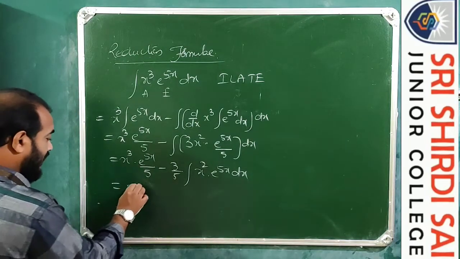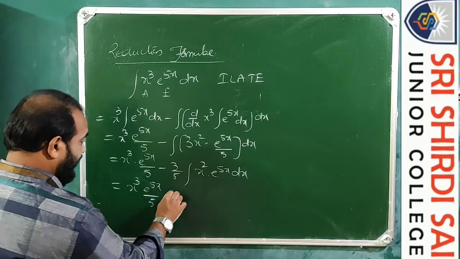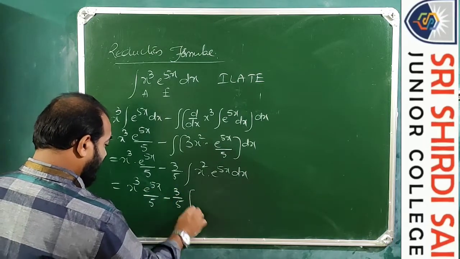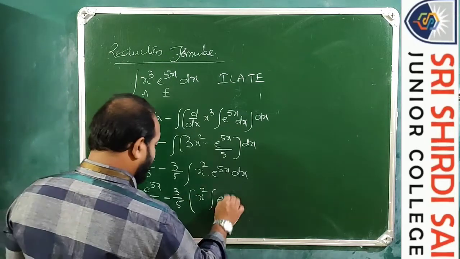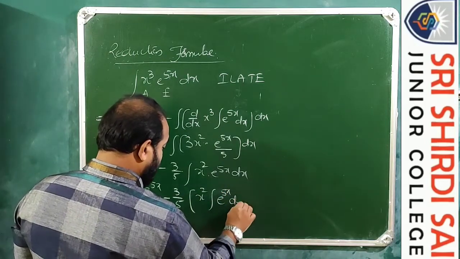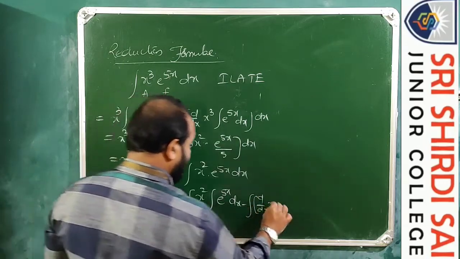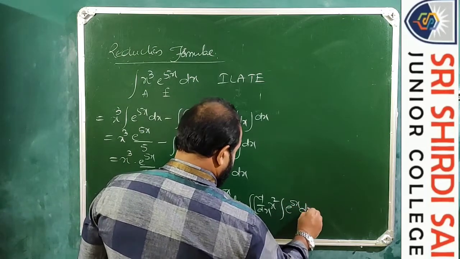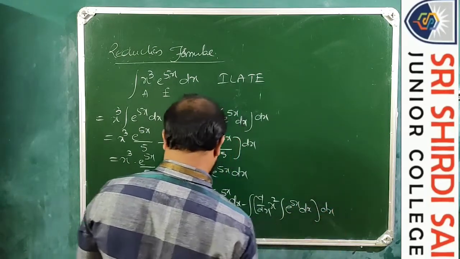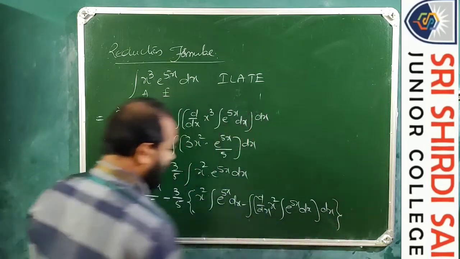So x cube into e power 5x by 5 minus 3 by 5, again first function into integral of second function dx minus integral of d by dx of first function into integral of second function dx, whole dx. So this 3 by 5 is being multiplied as a whole.